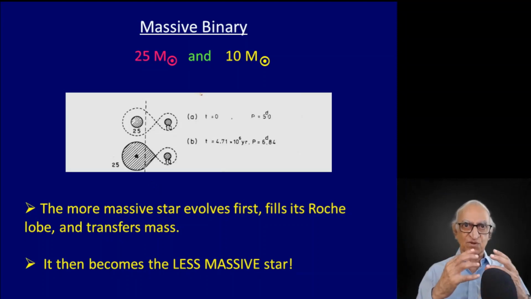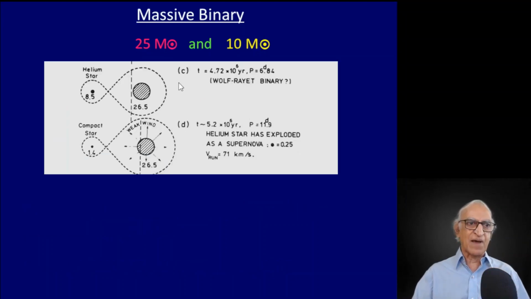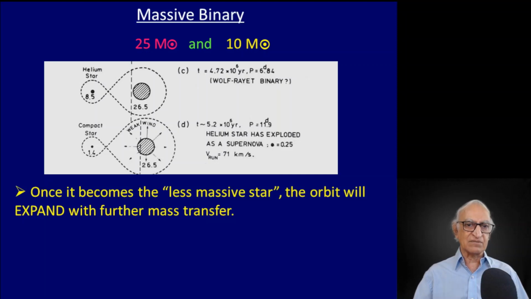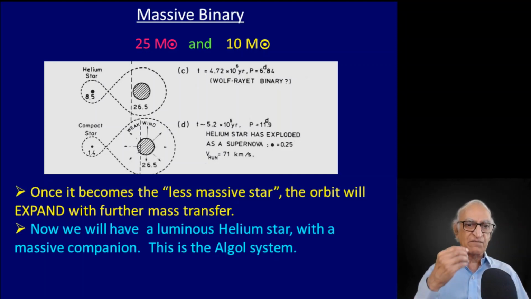The 25 solar mass star now becomes the less massive star. Its mass is now only 8.5 solar masses, but it has transferred the rest of the hydrogen envelope to the companion star, which now is no longer 10 solar mass, it's now a 26.5 solar mass star. Now this helium star is overluminous and it will evolve very fast. And this is of course the famous Algol system.